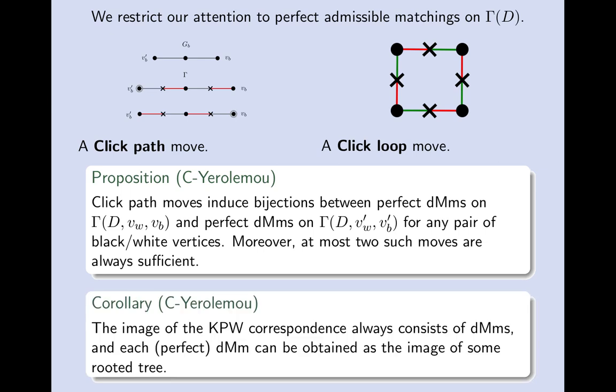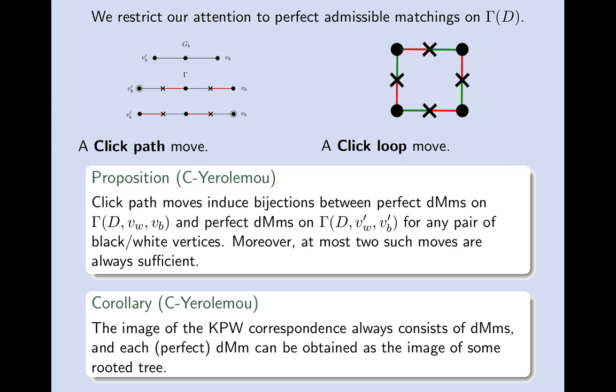Using this, we can actually deduce what I mentioned before, that the image of the Kenyon-Propp-Wilson correspondence, so the map from trees inside perfect matchings on the Tait graph, always consists of discrete Morse matchings. Recall that we had two different cases. One where the two, let's call them forbidden regions, were adjacent, and in that case we had a bijection, and another where we got an injection when the two regions were not adjacent.